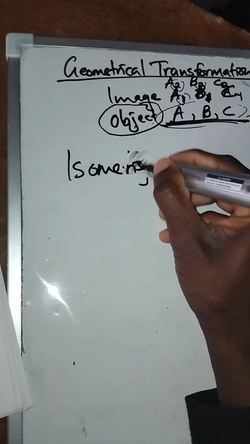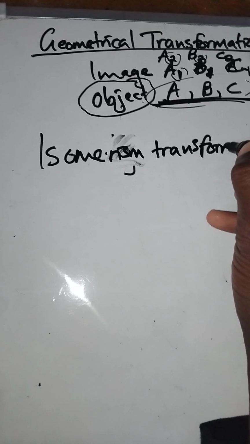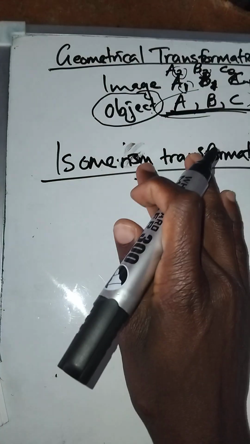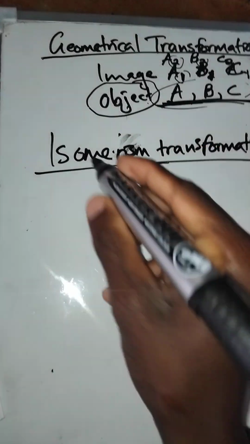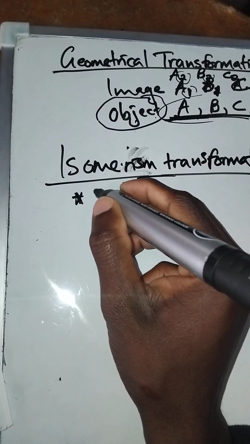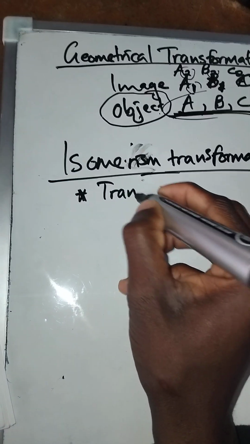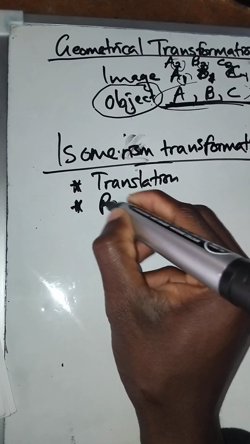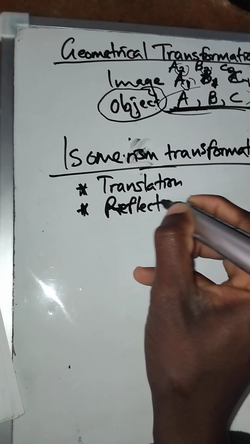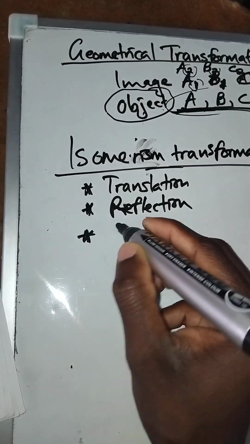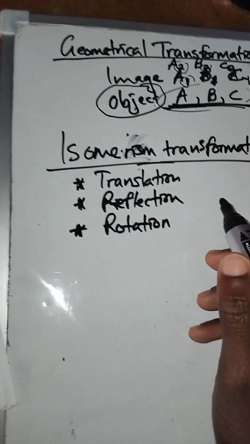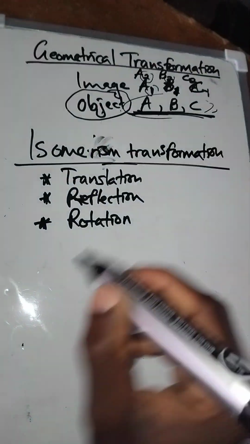So isometric transformation: the shape does not change length and angle. For example, number one, it's translation. Then number two, it's reflection. Then number three, it's rotation. So those are isometric transformations.